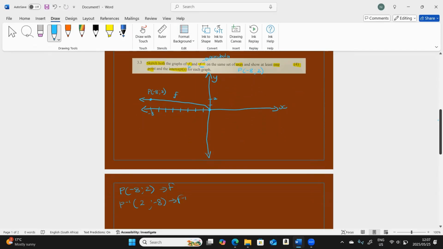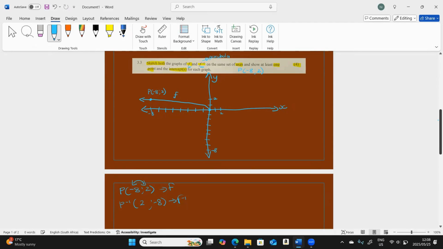So to get a point on the parabola, we just swap around the x and the y value to get the inverse of this point. And then we have a point to draw on the parabola as well. So it would be 2 on the x, so 1, 2, and negative 8 on the y. So 1, 2, 3, 4, 5, 6, 7, 8, negative 8.